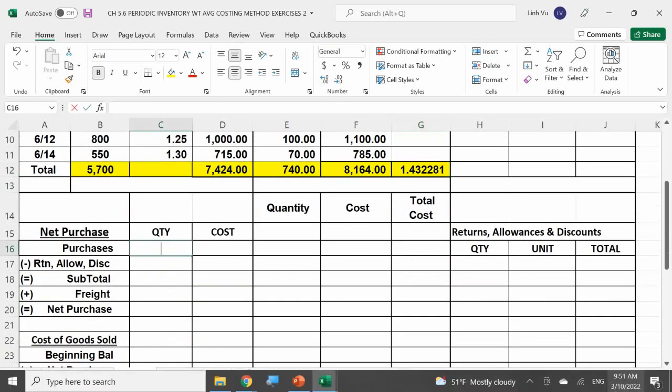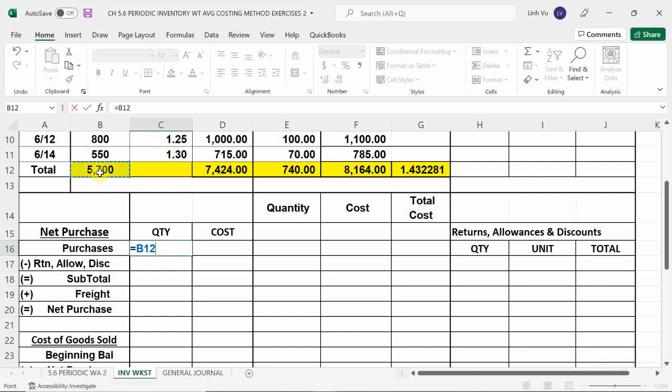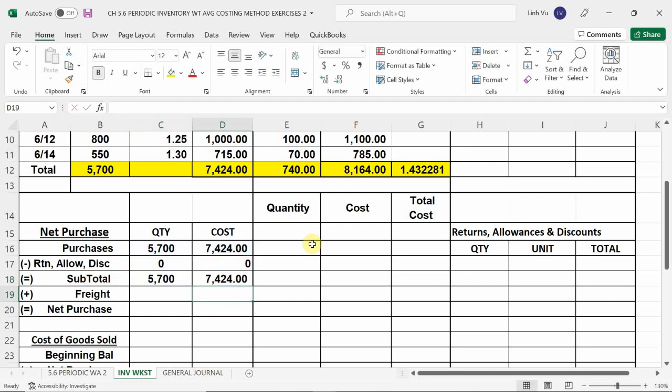So then let's plug our numbers in. Again, we got 5,700 units at a total of $7,424. In this case, we don't have any purchase returns or allowances, so this is going to keep my balance the same, right? Freight doesn't add anything to quantity, but it adds to cost, so it's $740.